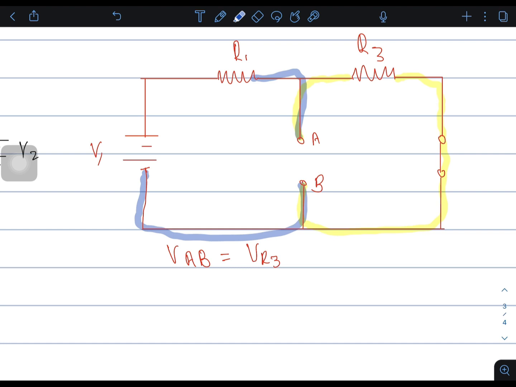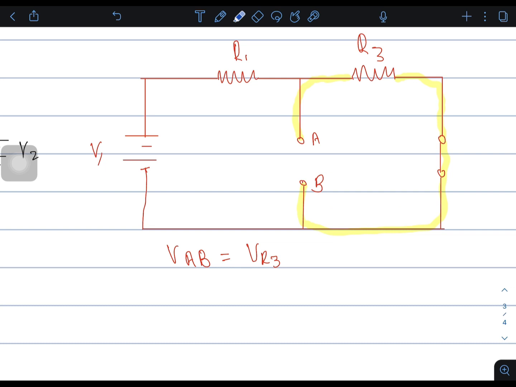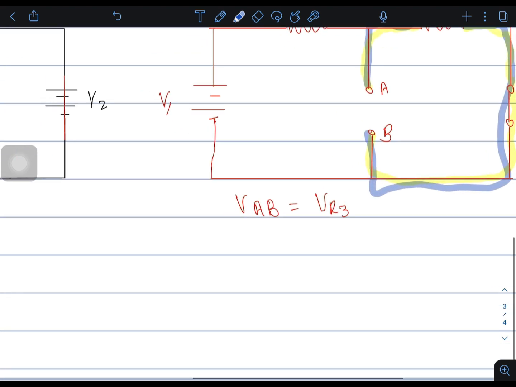If it was connected across resistor R1, then terminal B would be like this. No, guys, that is not true. The one that terminal A and B is connected across is resistor R3. Do you see? Okay.